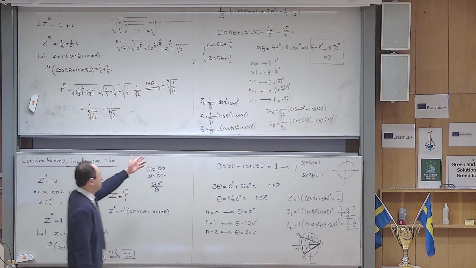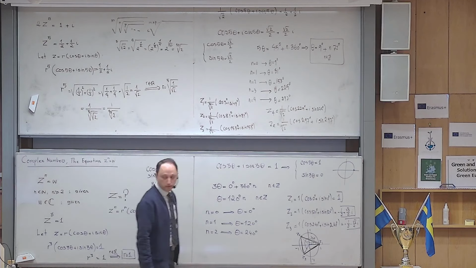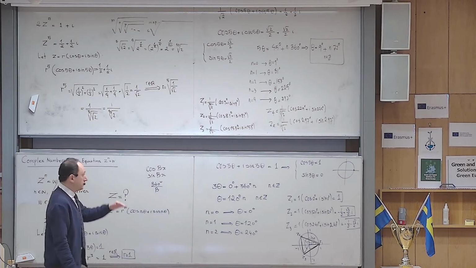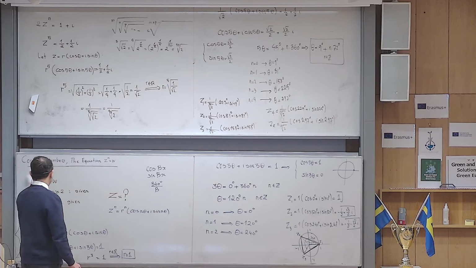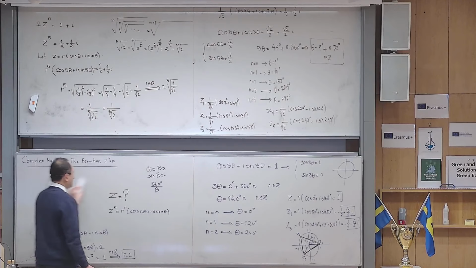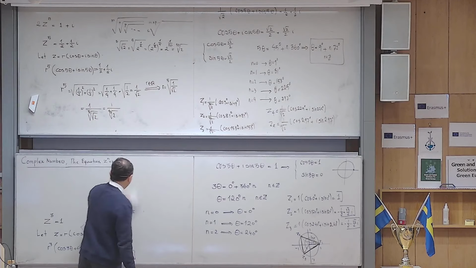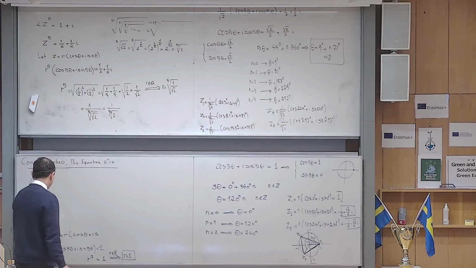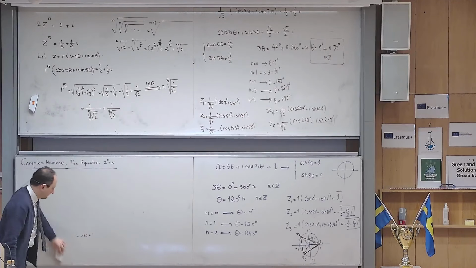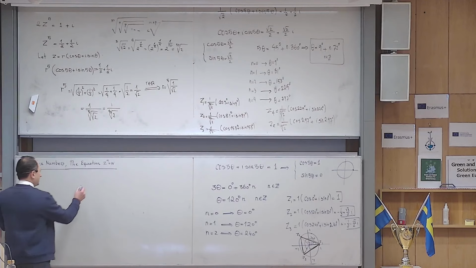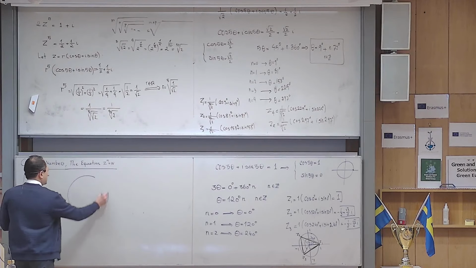This strange number, 1 over the 10th root of 2. And then each time I have to rotate them, how many degrees? 72 degrees. And then the vertices form what? A regular pentagon, yes? So if I want to exaggerate a little bit, let us say that this is the circle.